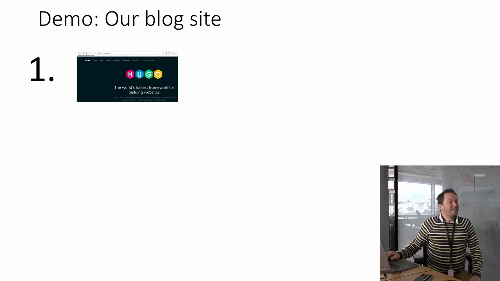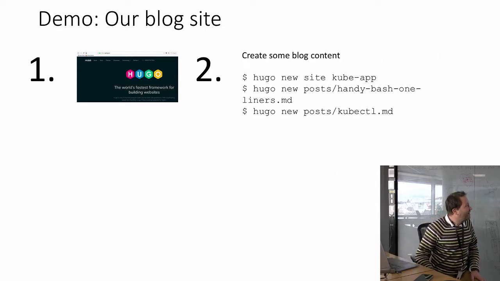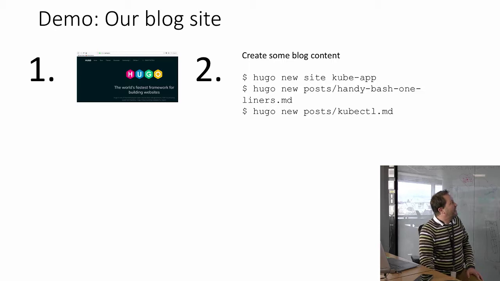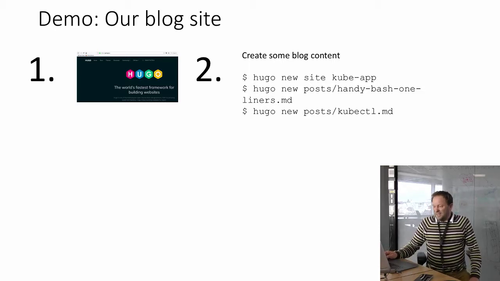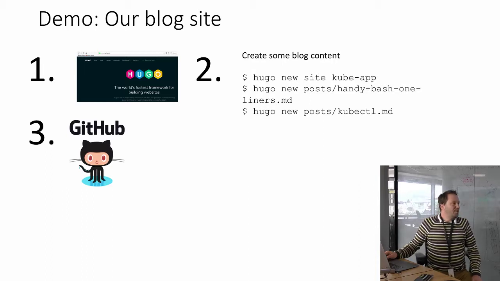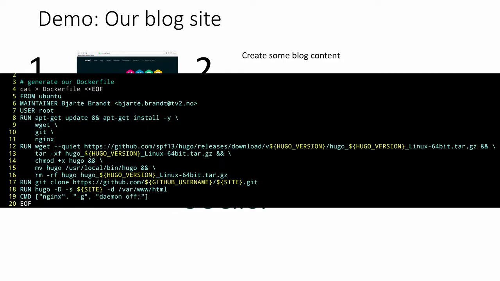There are millions to choose from. All right, this is how you use this framework to create a blog site. And we push it to GitHub, and we build our images. This is how we do it.